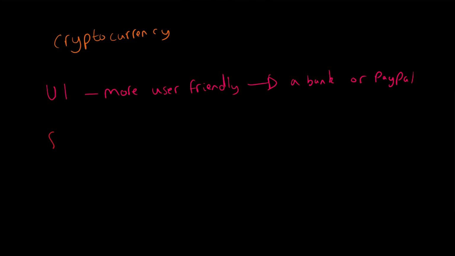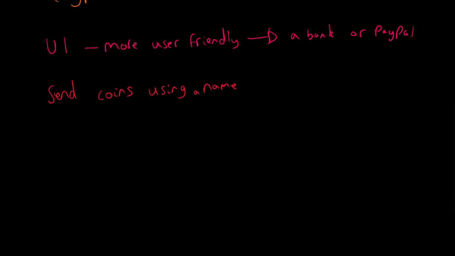You send coins in Dash using a name. You don't have this really long address or anything, so it's similar to PayPal using email addresses.